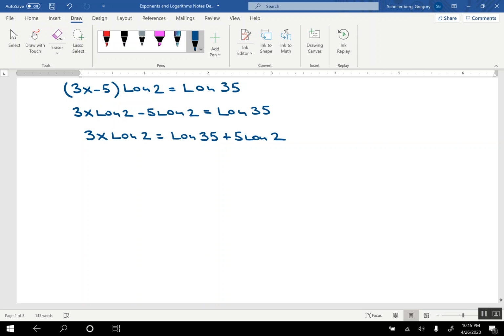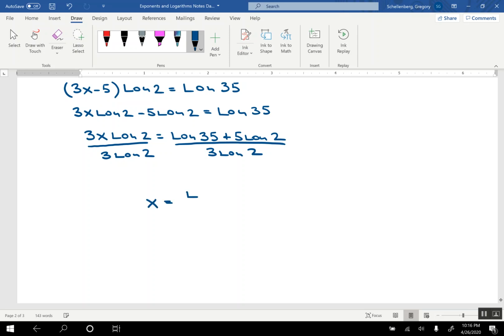And from here we can divide both sides by 3 log 2. That's going to isolate x on the left. And what does that leave us with on the right? We can just leave it as is. That's an exact value.